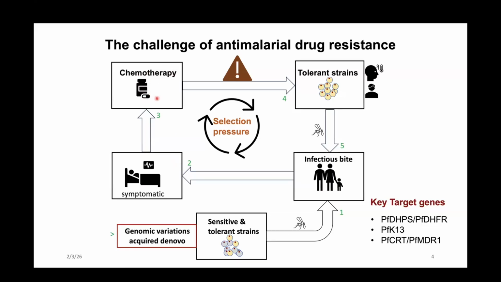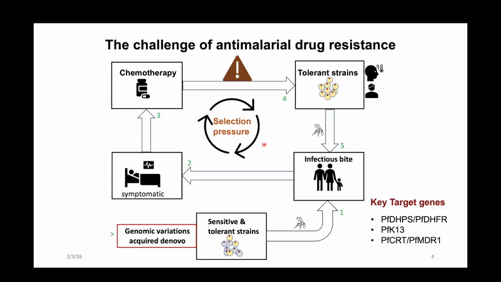After treatment, if there are some tolerant strains, they may persist and may not be cleared. If they fail to be cleared, they may continue to be transmitted to the next person again. And this cycle continues, and as it continues, there is selection pressure, which means ultimately the parasites will become resistant to the drug in question.